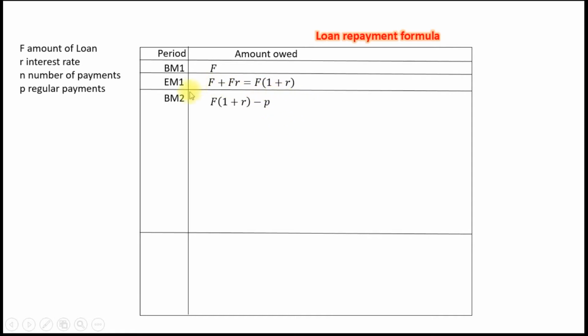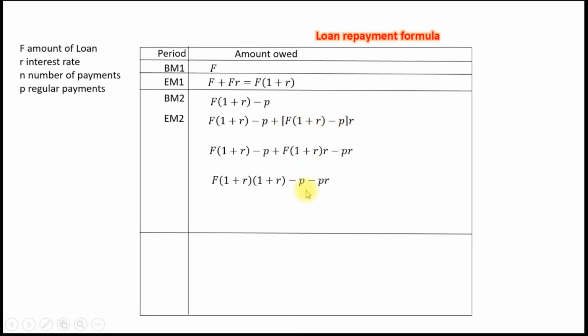We will owe this amount plus the interest on this amount, which will be R times all of that, which I have bracketed here. Now, if we multiply R, open up the bracket, and do some algebra, we will arrive at the formula that at the end of month 2, we owe F times (1 plus R) squared minus P times (1 plus R). So this is the total amount we owe at the end of month 2.